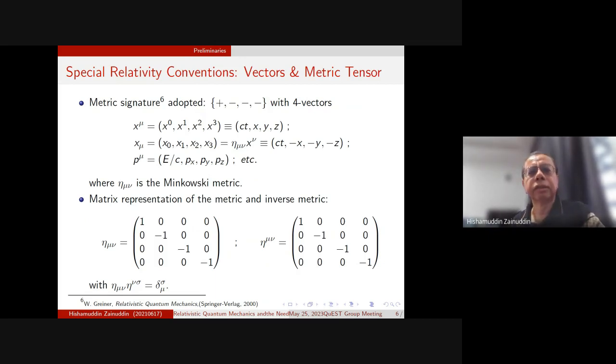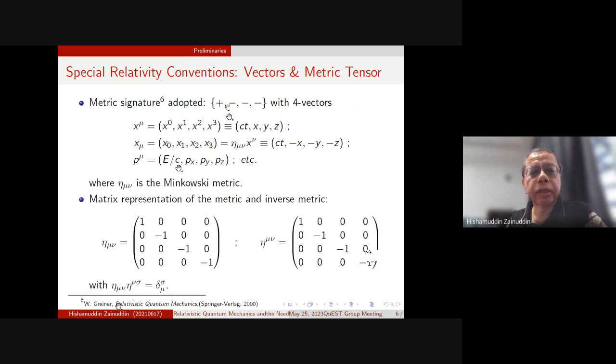Relativists would use a certain kind of metric signature, which is minus, plus, plus, plus. Over here, particle physicists tend to use plus, minus, minus, minus. So I'm referring to Walter Greiner's book, he's a theoretical physicist in high energy physics.